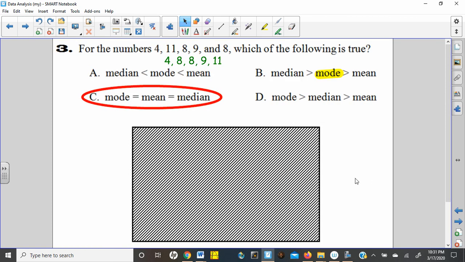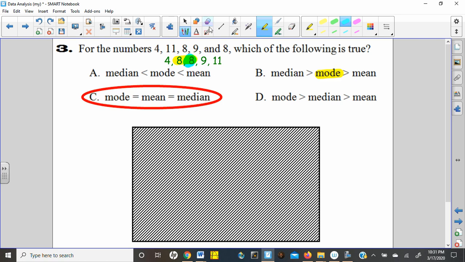Number 3, for this set of 5 numbers, which of the following must be true? You could actually answer this very quickly just by putting them in order and realizing that the mode was an 8 and the median was an 8.